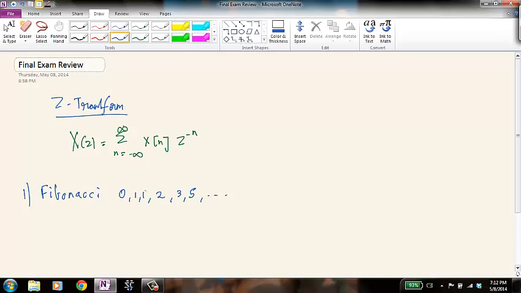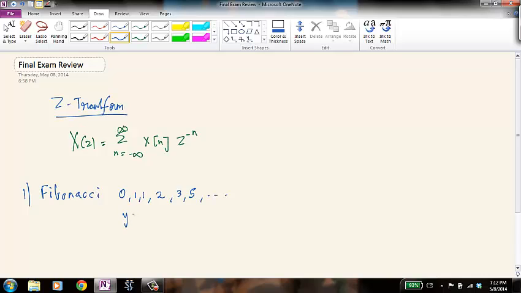So 0 plus 1 is 1, 1 plus 1 is 2, 1 plus 2 is 3, 2 plus 3 is 5, and so on. Apparently he had a model of rabbit populations, and this is given by this sequence. When you start with one rabbit couple, this is the growth that his model predicted.